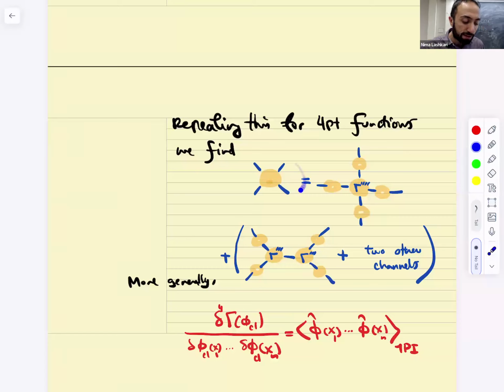You're going to write down the connected 4-point function as the fourth derivative of the effective action with 4 of these propagators, plus a whole bunch of other terms where the third derivative of the effective action comes out. It takes a little bit of work getting used to, but repeating this logic over and over again, you could derive that the nth derivative of the effective action is just the 1PI n-point function. It was very quick, but I give you at least the algorithm for convincing yourself of this.